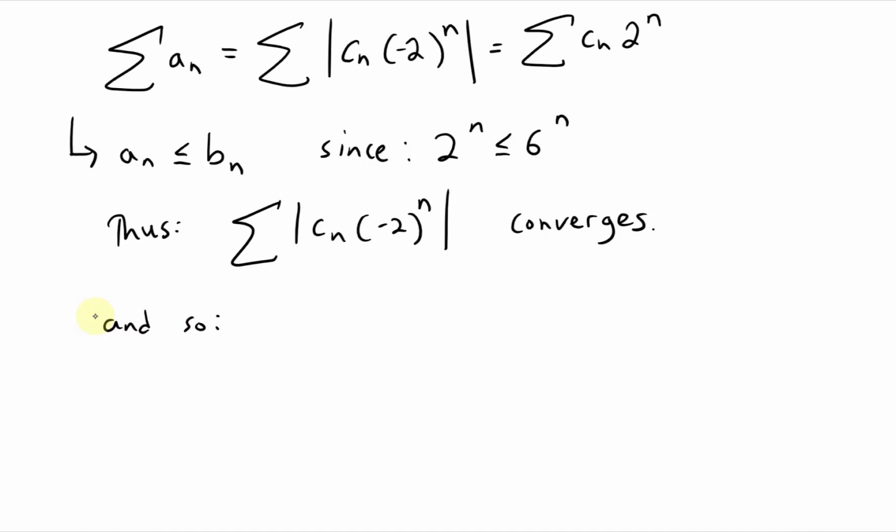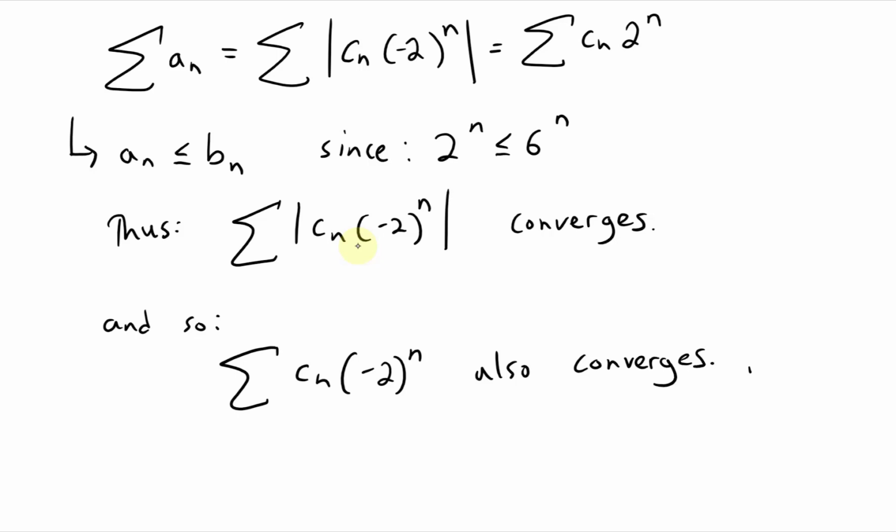So that converges absolutely, and so does the regular one without the absolute value. This means they both converge. If it converges absolutely, then the non-absolute convergence is also applicable, and that is true. This also converges. All right, and that's a check mark.